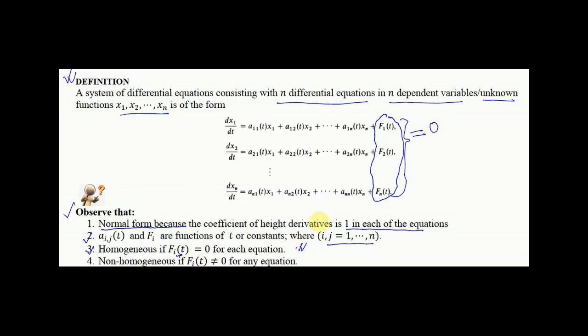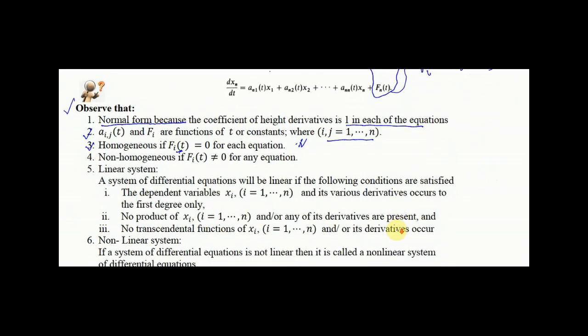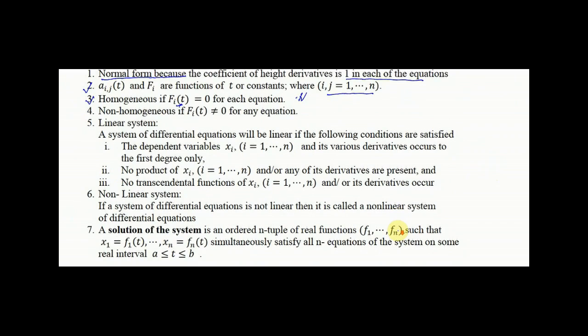It is non-homogeneous if any f_i in the system is non-zero, for any i. Now the given system will be linear.